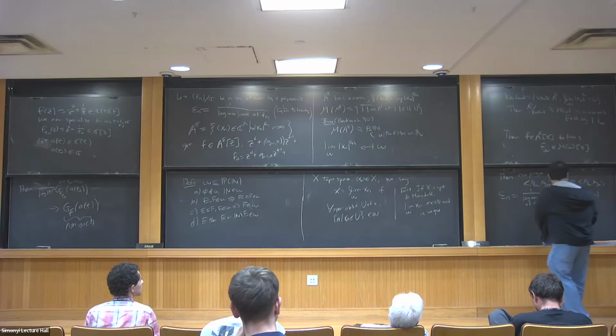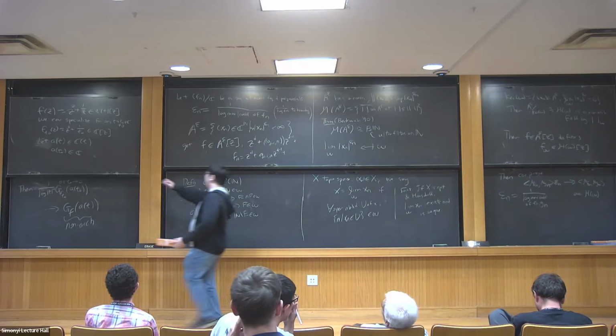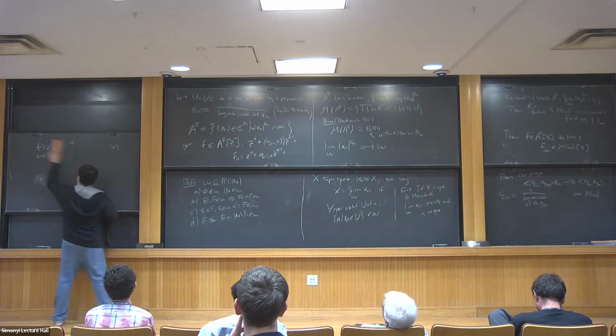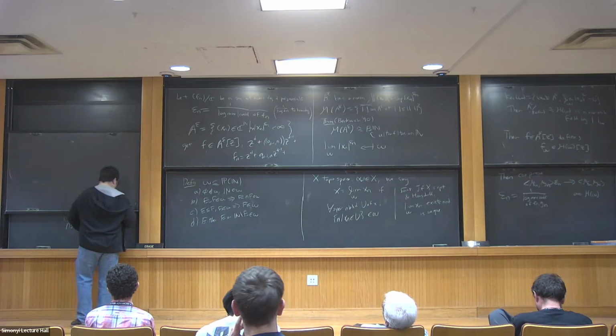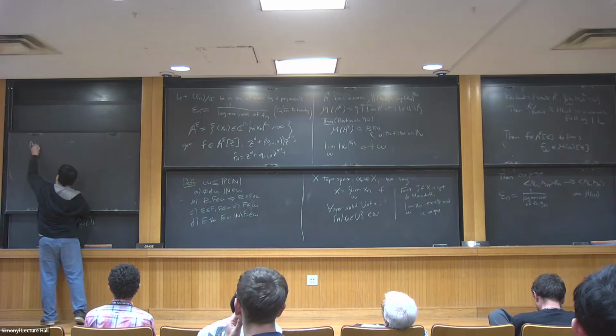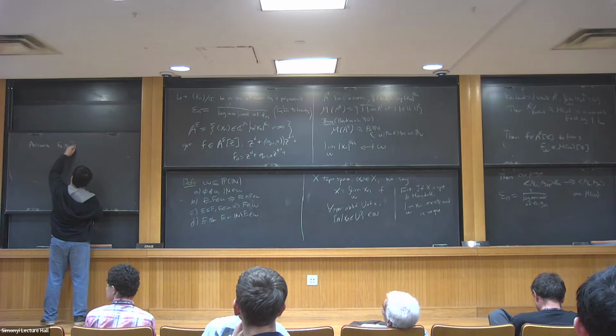And so now we are immediately done from the pointwise statement. So you assume there's no uniform bound. So assume you have two sequences, a sequence of pairs.